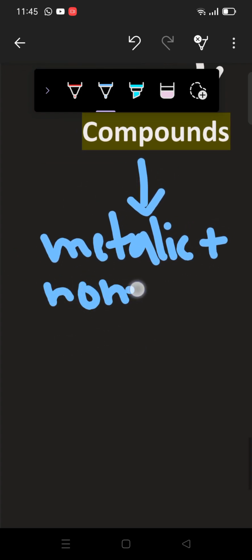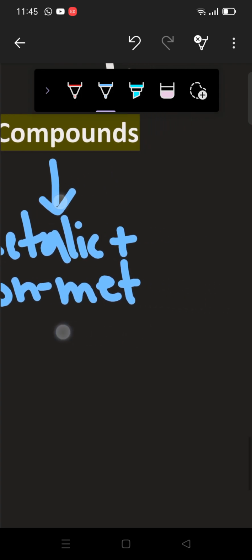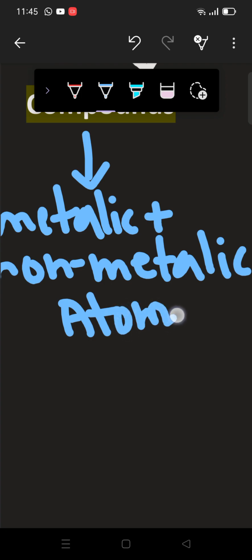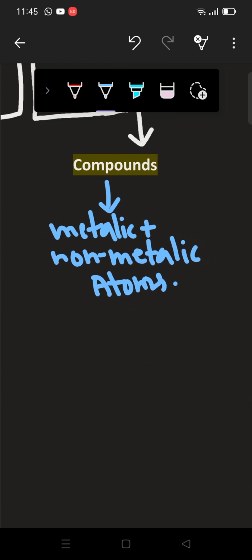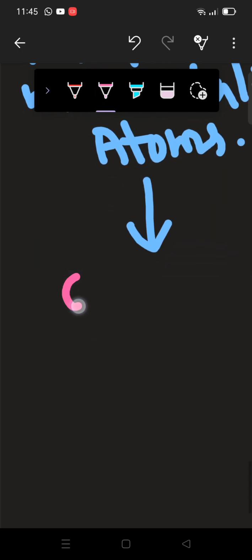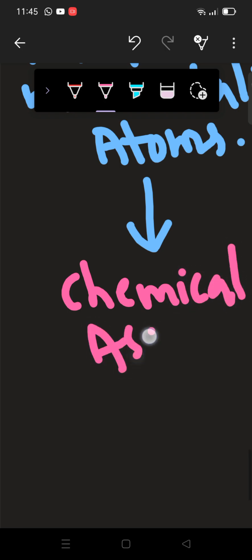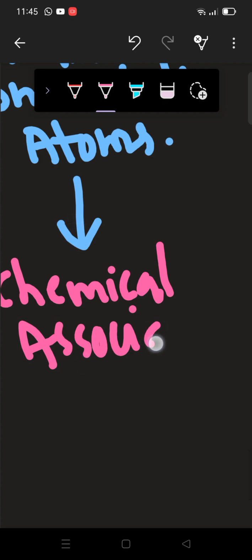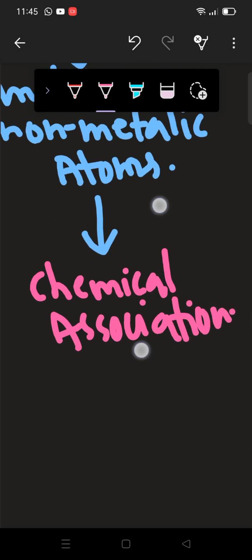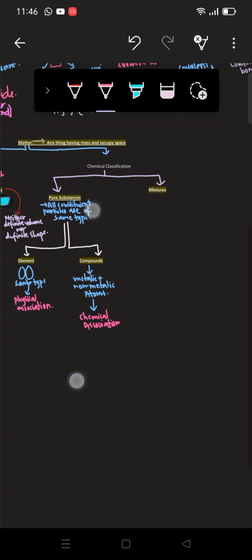These are made by metallic plus non-metallic atoms. And they'll have chemical association, not physical, however, chemical association.